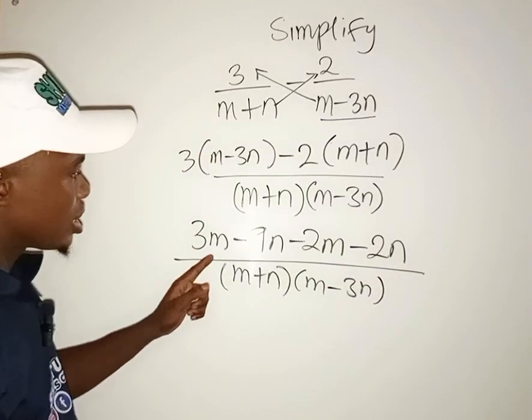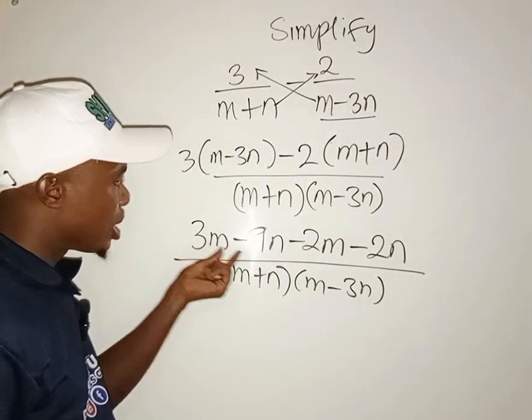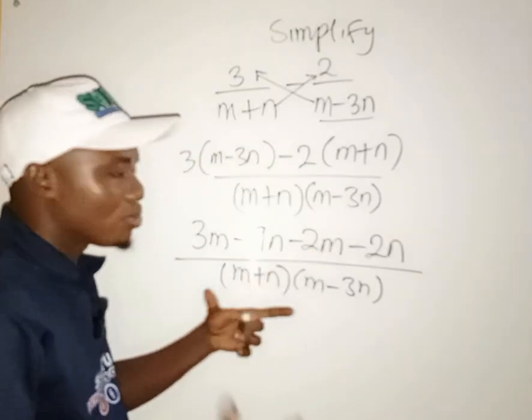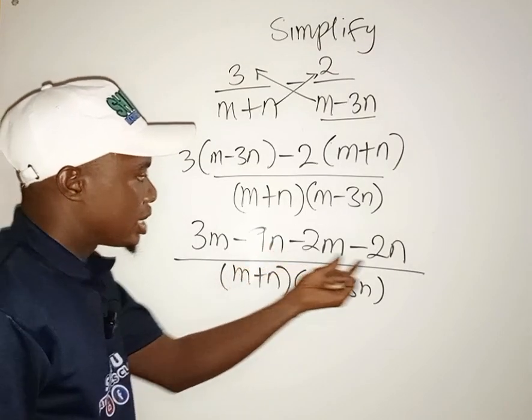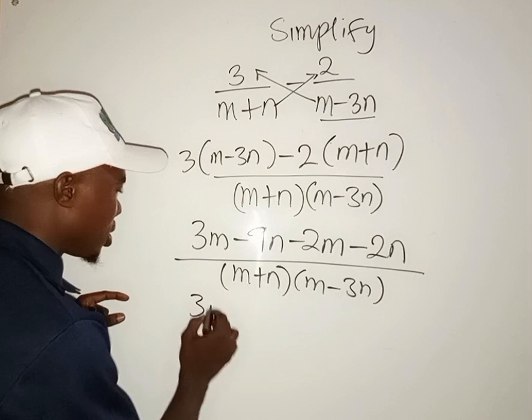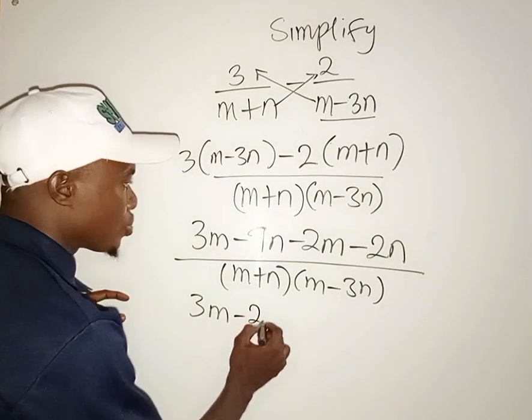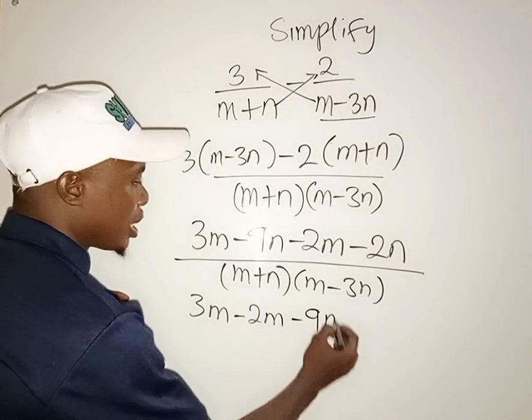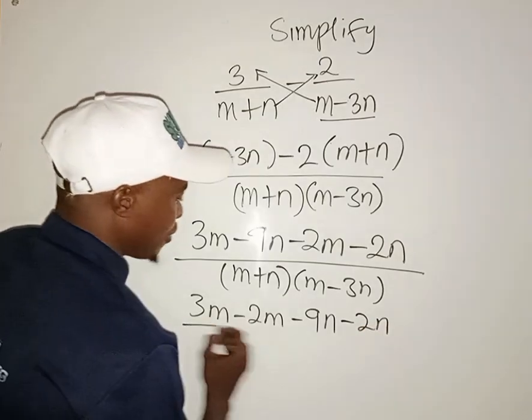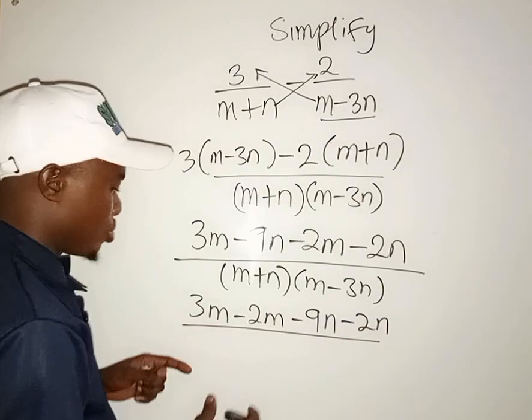Now here you can see, we have 3m here and 2m here, so they are alike and we can bring them together, and this also alike. So we have 3m minus 2m minus 9n minus 2n, all over m plus n, m minus 3n. I've brought them very close to each other.